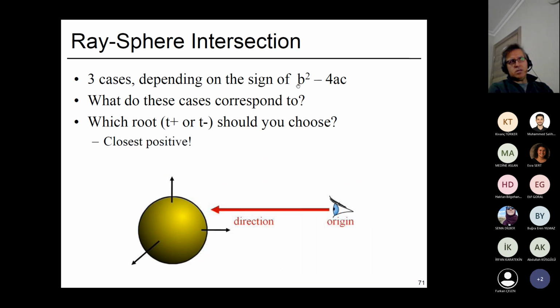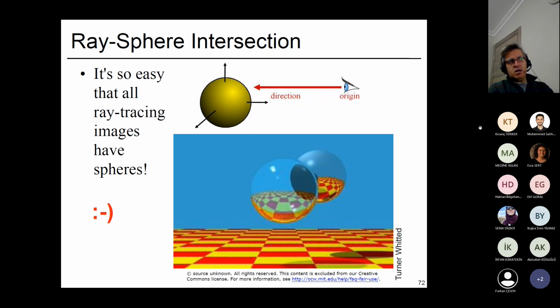This is just 3 multiplications and an addition, then a check of this sign, and then an additional division and so forth. So this is very advantageous. If you were to represent this as triangles, you'd have perhaps millions and millions of triangles to represent your spheres.